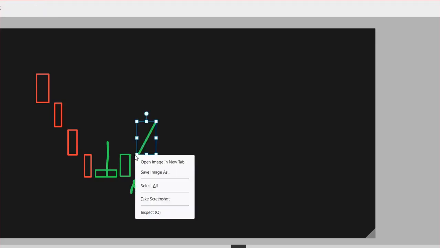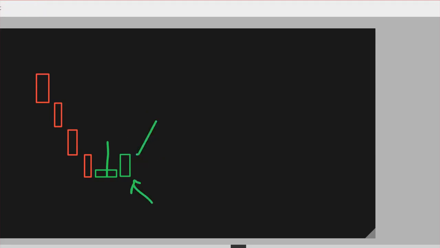Then you need to wait for a confirmation candle, which is this one. If you see a green confirmation candle like this, then you can take a trade up for the next candle, which is this one.